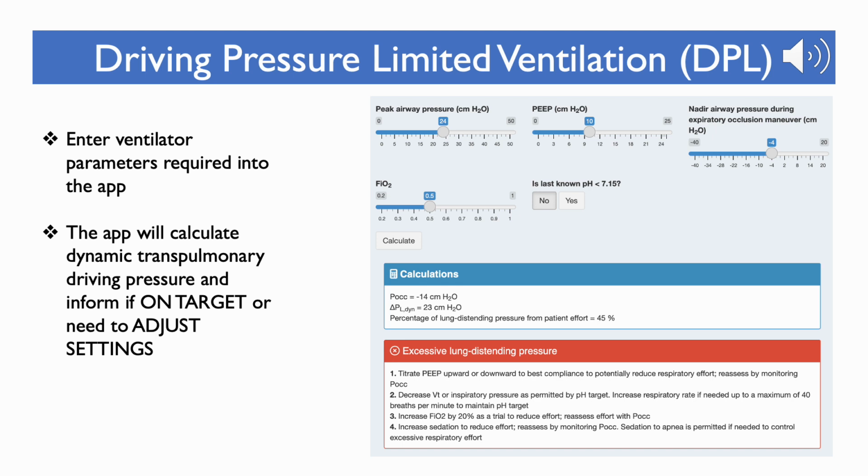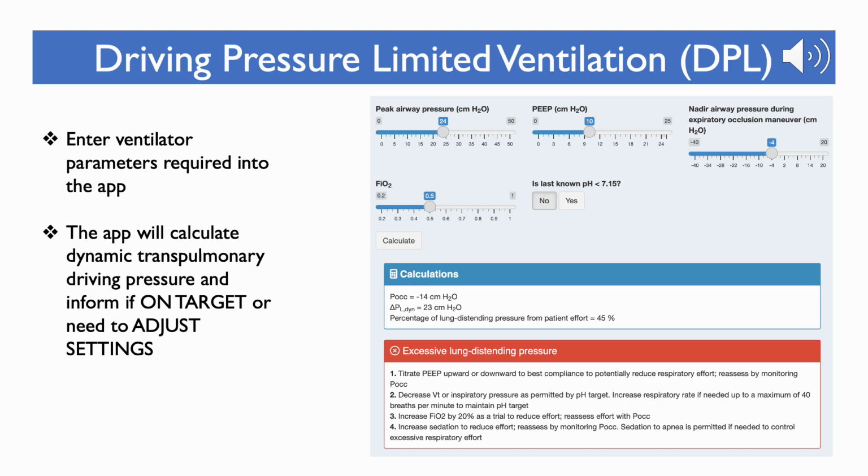In this scenario, the patient is in assisted ventilation, breathing spontaneously and not on target. Once the ventilator settings and measurements are entered, the app will calculate the dynamic transpulmonary driving pressure, then state if the patient is on target or suggest any changes if required. In this case, the lung distending pressure is found to be excessive during assisted ventilation, and the app lists the appropriate actions in response.